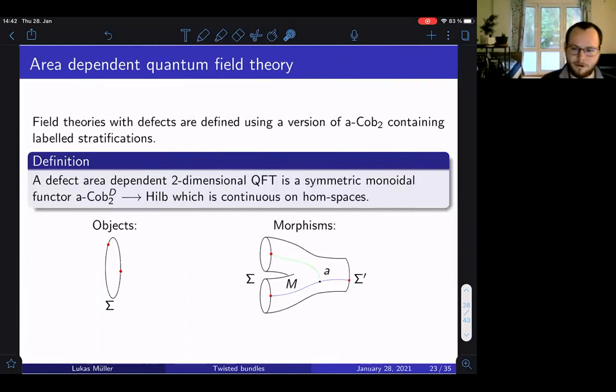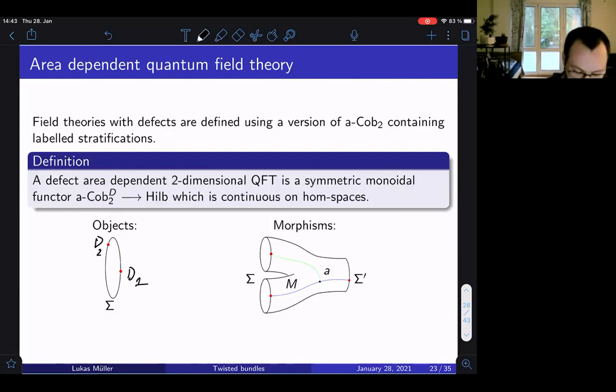As I said before, in my motivation, for me, they are just some insertions you can put. So I can just define a category, an extension, which now contains defects as well. So the objects are, again, circles, but now they come with marked points. And these marked points might carry some labels, D1 and D2.